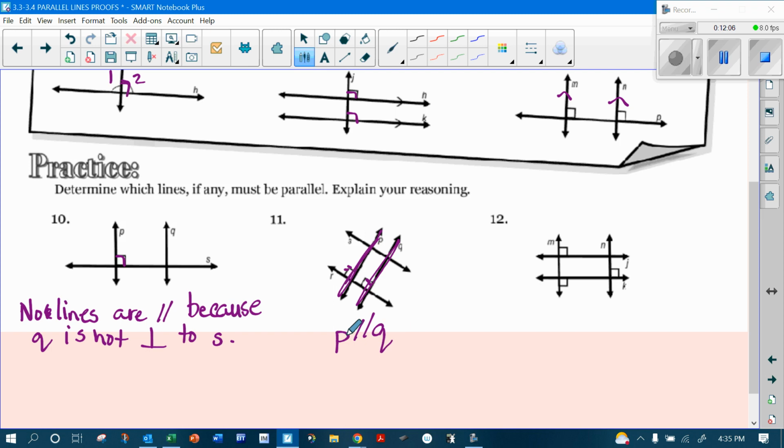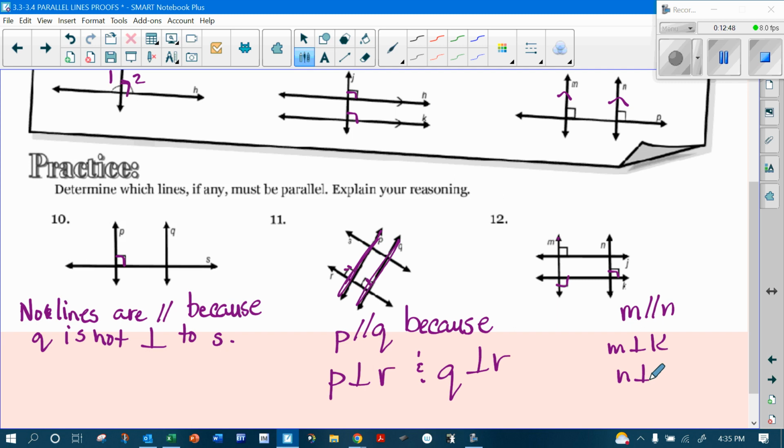So P is parallel to Q because P is perpendicular to R and Q is perpendicular to R. And this one, let's see, we are going to prove that, so if this is 90 and this is 90, then M is parallel to N because M is perpendicular to K and N is perpendicular to K. So there's that. Now is J and K.